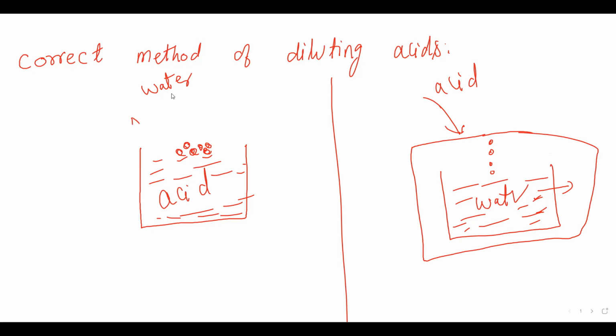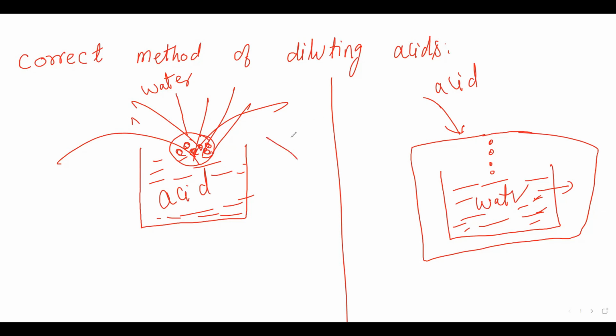In the first method, adding water to acid is not at all correct. Why? Because when you add water, it immediately becomes vapor, and these hot vapors spill the acid all over, and the acid may fall on your hands or face, which is dangerous.